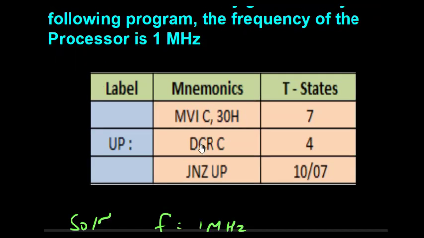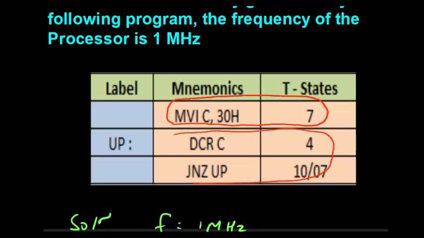But here in this particular program, we see there is one instruction MVI C which is out of the loop, and we have two instructions, DCR C and JNZ. These are inside the loop. So we have to calculate the delay in two parts. For the first part, how much time it takes outside the loop, and this is inside the loop.